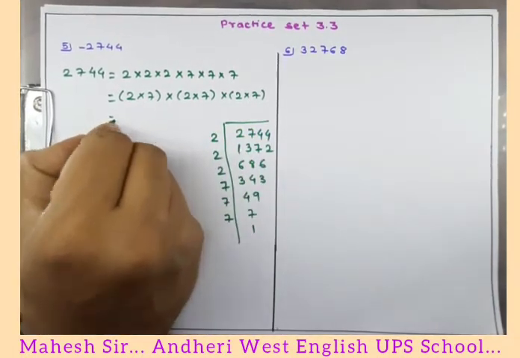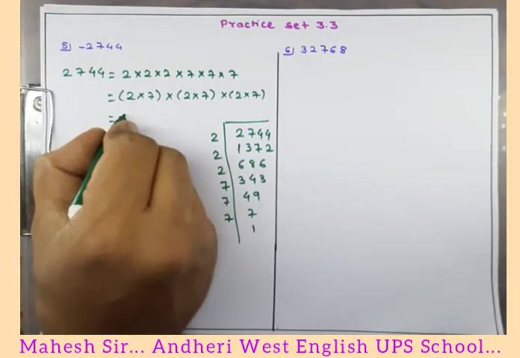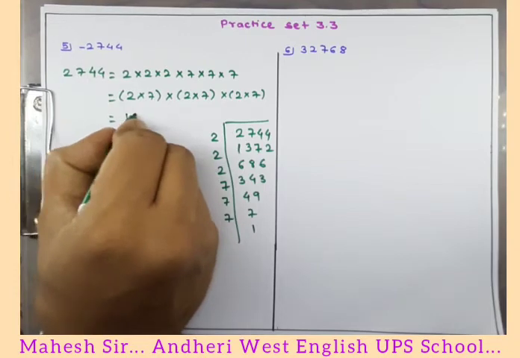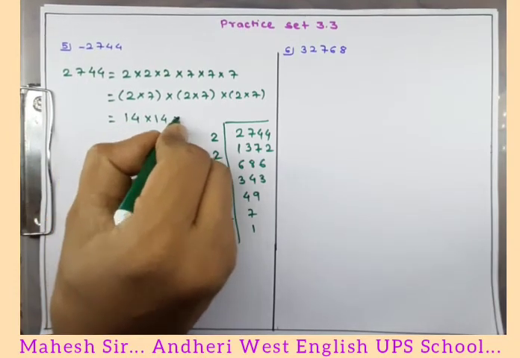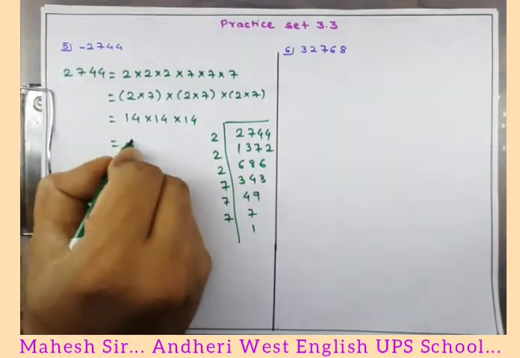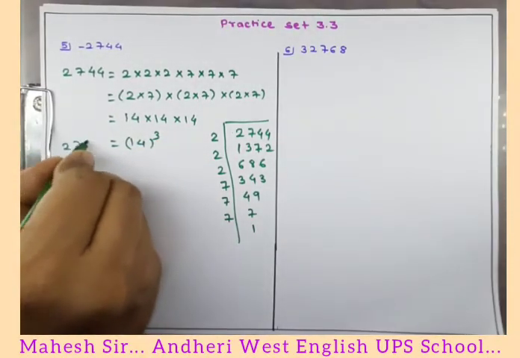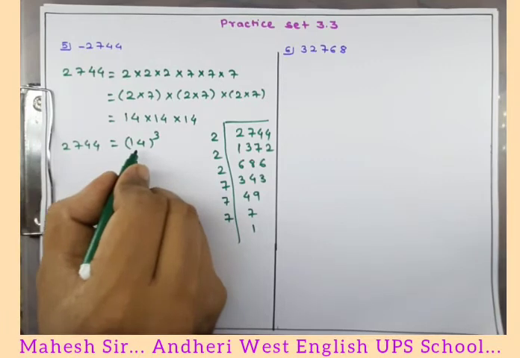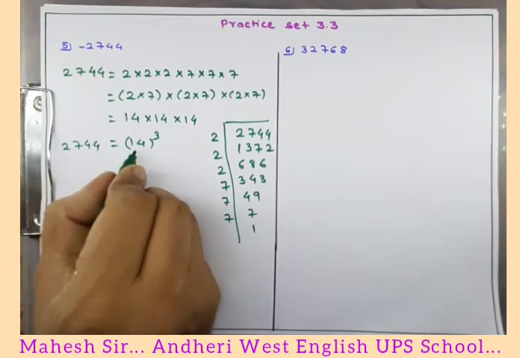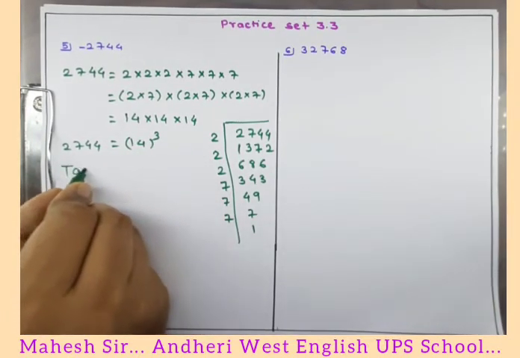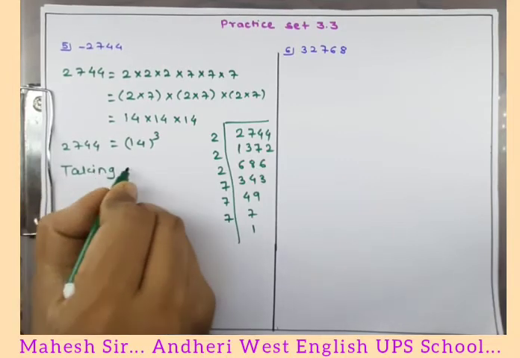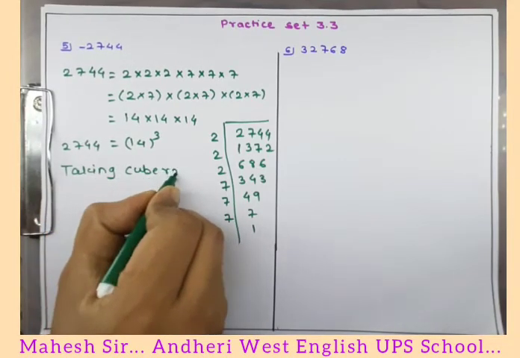We know 2 sevens are 14, so I write 14 multiplied by 14 multiplied by 14, that means 14 cube. So 2744 is equal to 14 cube. Then the next step is taking cube root.